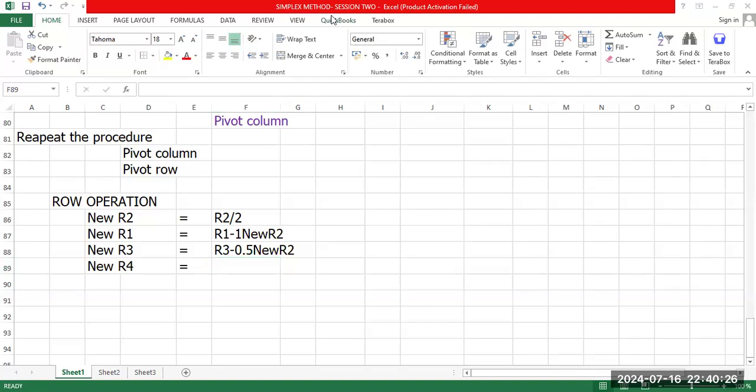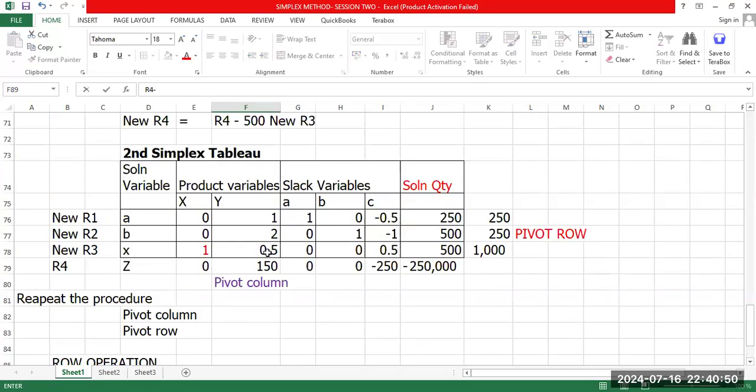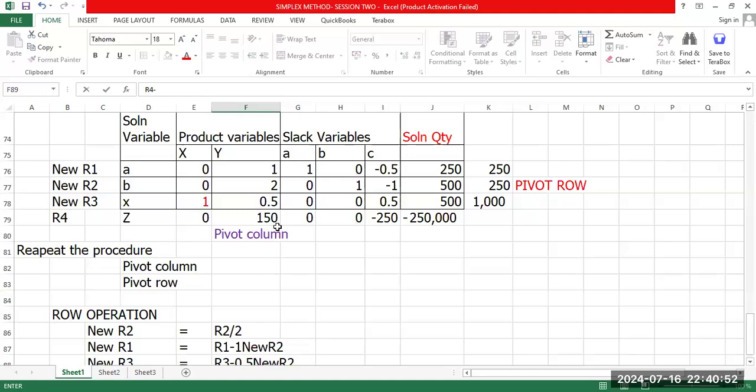Godfrey, you want to try? It is row 4 minus the figure I want to change.